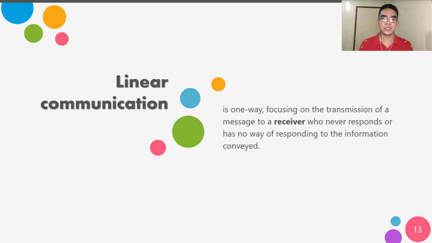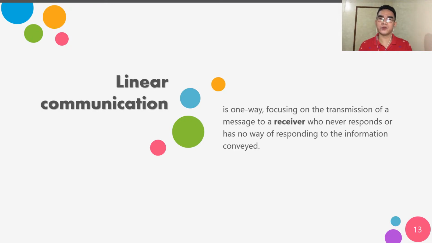Since it is a linear communication, it is considered as one way, focusing on the transmission of a message to a receiver who never responds or has no way of responding to the information conveyed.